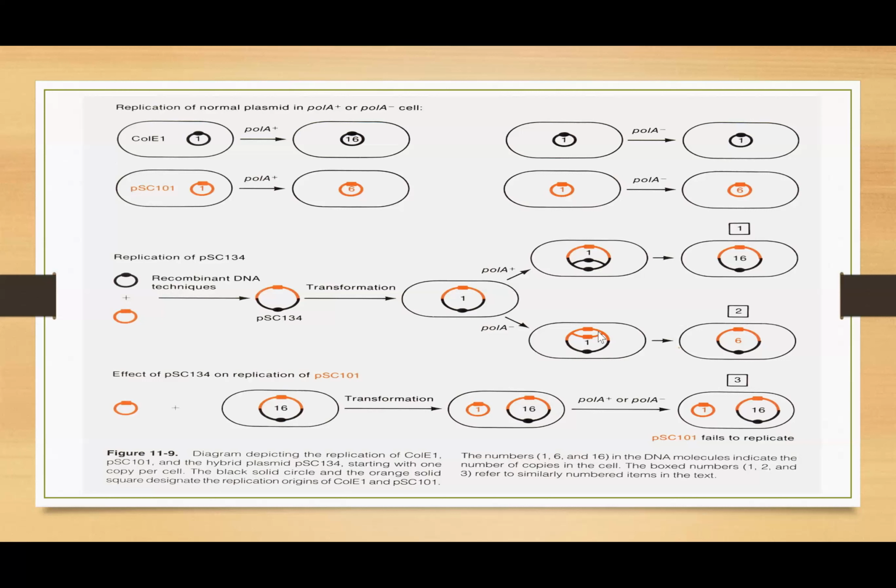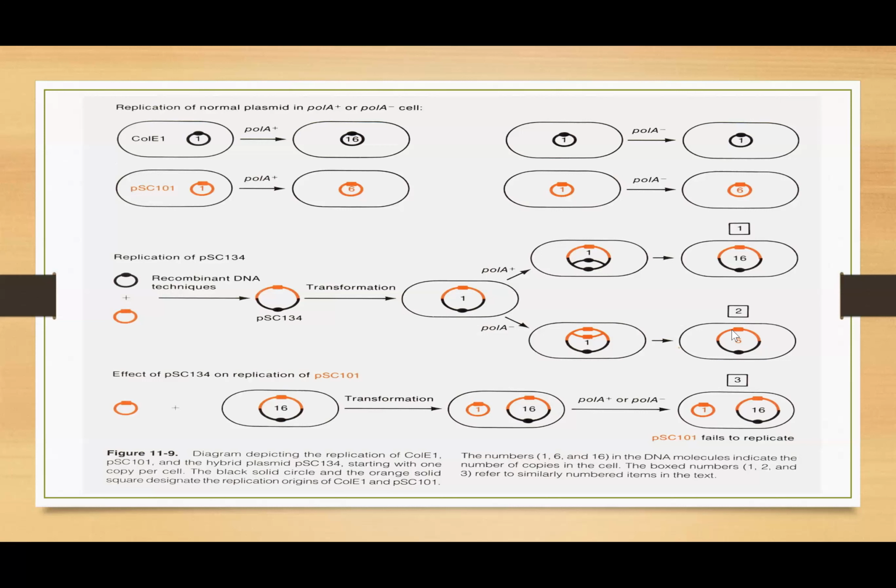And this is controlled by a lower amount of repressor, so it only makes 6 copies. Note this one, because Pol A is not there, which takes off. So it maintains only 6 copies.